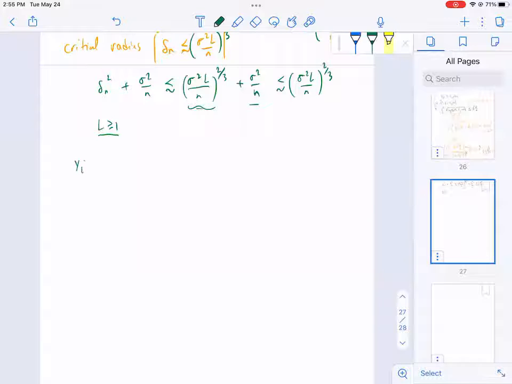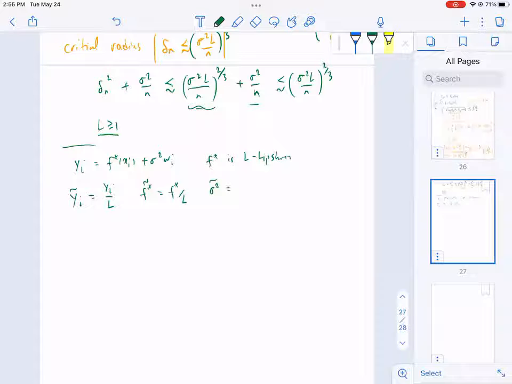So if you have yi equal to f star xi plus sigma wi, and f star is L Lipschitz, I can define y tilde to be yi divided by L, and f star tilde to be f star divided by L. And sigma tilde would be sigma divided by L. So I get yi equal to f star tilde xi plus sigma tilde wi.